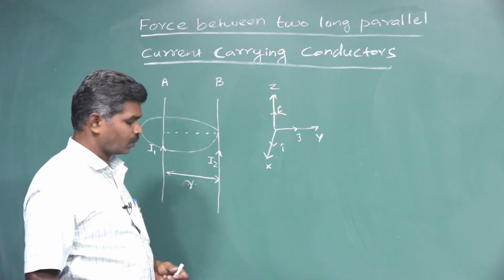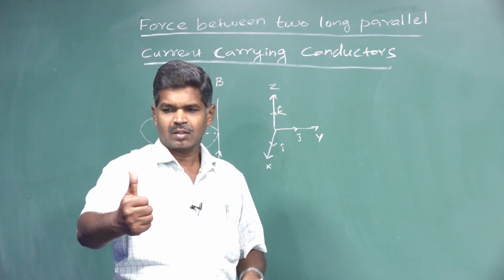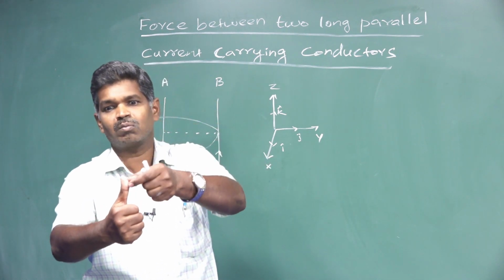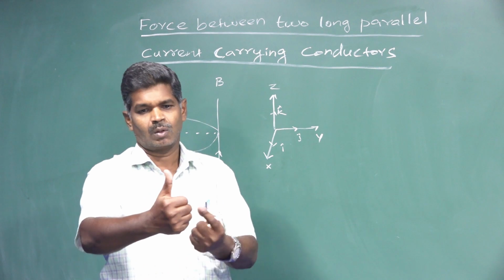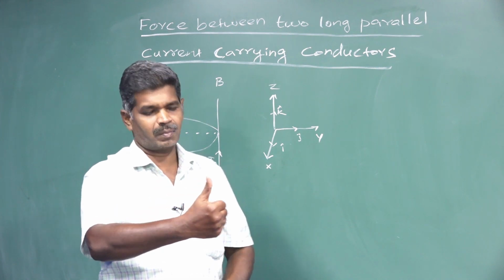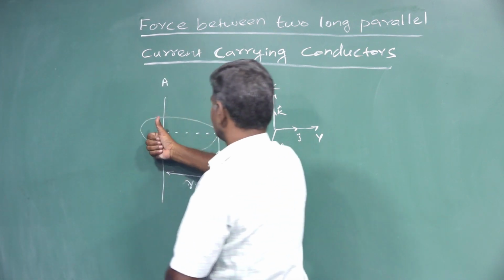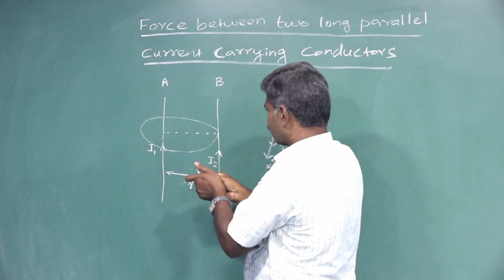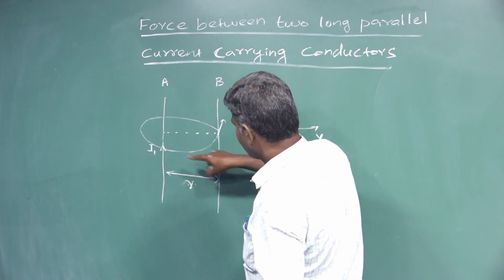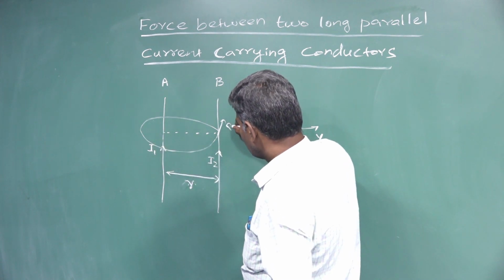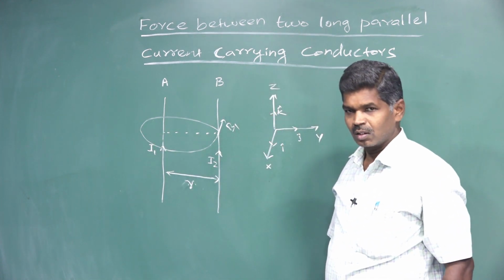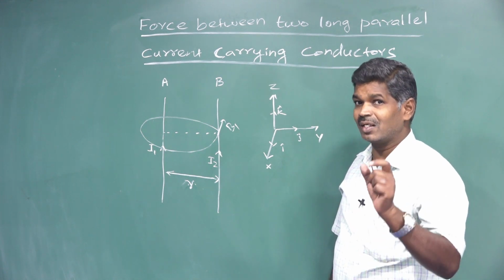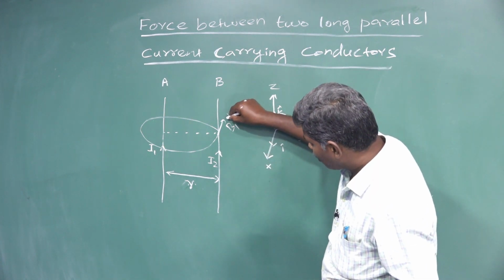Take your right hand, fingers holding, thumb extended. The extended thumb shows the direction of the current, and the holding fingers show the direction of the magnetic field. So for upward current, at this point the magnetic field is in the inward direction. This is the first conductor, that's why B1 is produced in the inward direction. The symbol for inward direction is a cross with a circle.